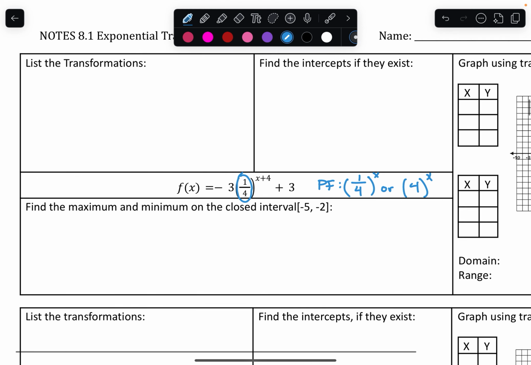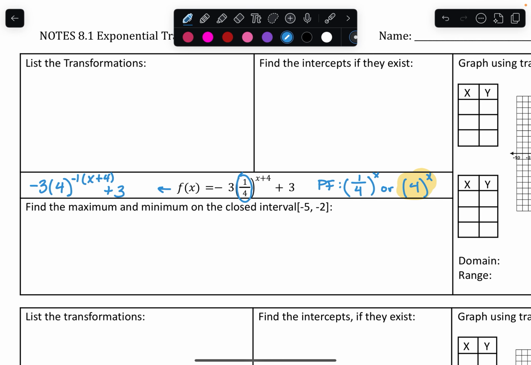I personally am a fan of using whole numbers when possible because I don't get confused, but I know students get confused. So I'm going to rewrite this with a base that is a whole number. I have -3, 4 to the -1, x plus 4, and then plus 3. These two are equivalent. This is just using a whole number base.